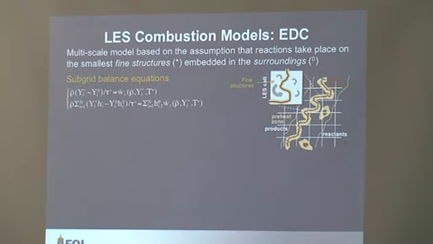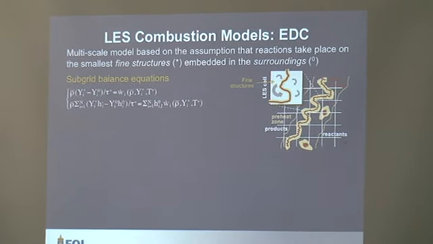Another one is the eddy dissipation concept. This was developed by Magnusson, essentially for RANS in the late 70s. But we and others have also applied it to LES and slightly reformulated it. And this approach is quite different in that it's based on the physics to a slightly higher degree.